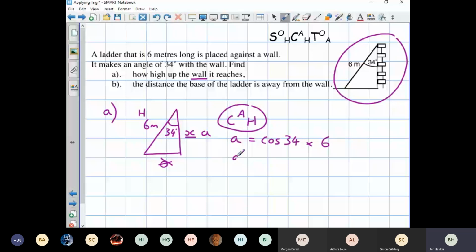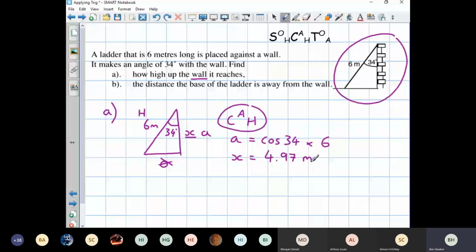Therefore, A, or in this instance we've labeled it X, is going to be equal to 4.97 meters. Okay, hopefully we're all happy with that. I would expect us all to be pretty confident with that now.